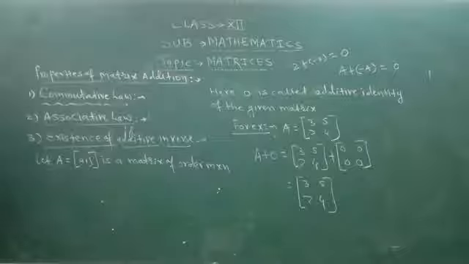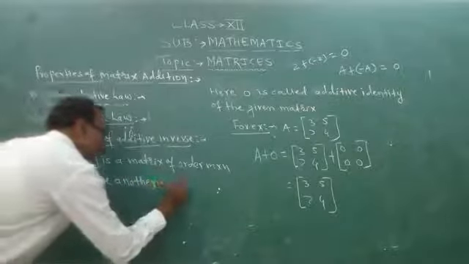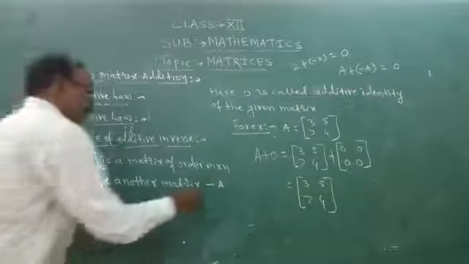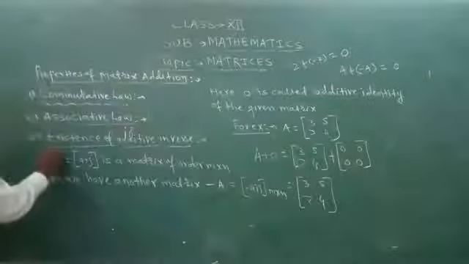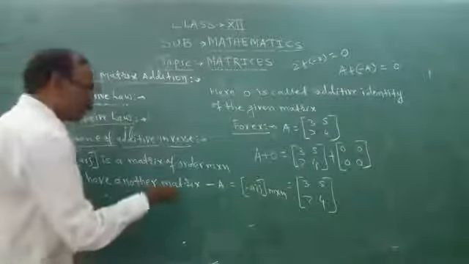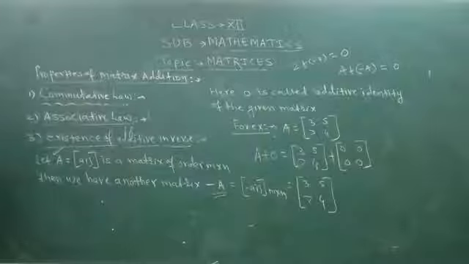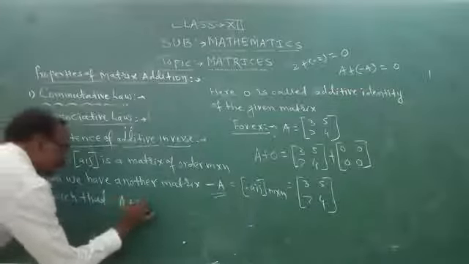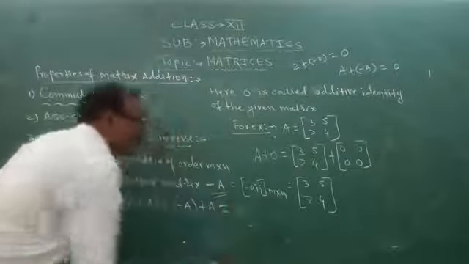We have another matrix, minus A, that is minus Aij of the same order m by n, such that A plus minus A, or minus A plus A, gives me the additive identity.